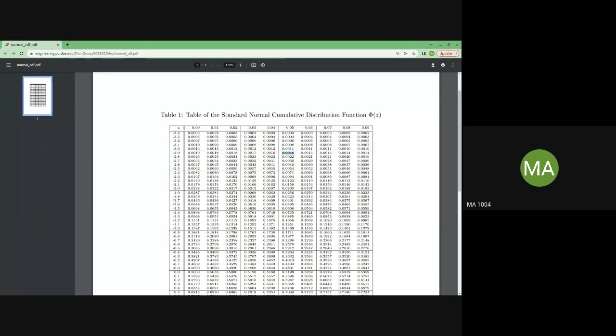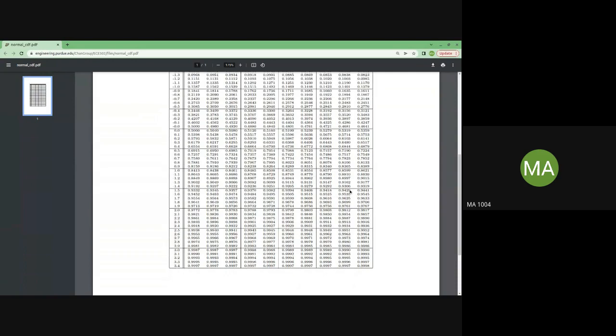So minus 1.75, if you want the value of minus 1.75, you simply do minus 1.7 and then go to the fifth value. Okay. Sixth value. So it will give you the minus 1.75 value, which is 0.04. But if you don't want to look at minus 1.75, you look at 1.75. So 1.7 and 5.